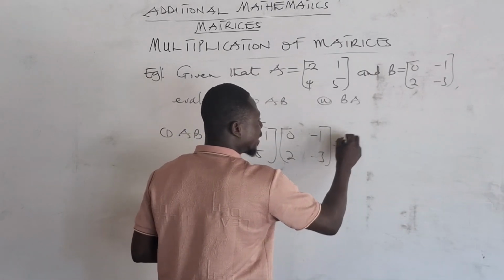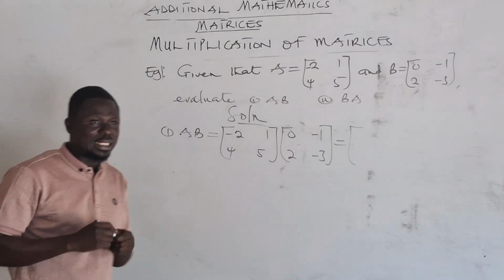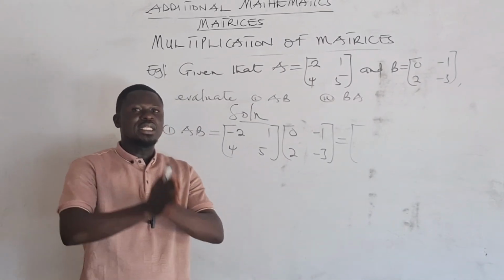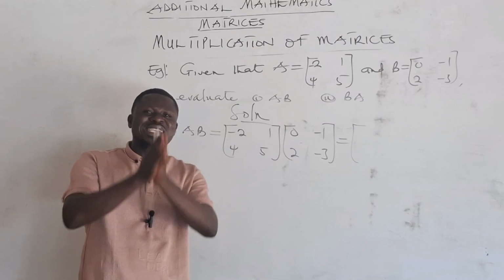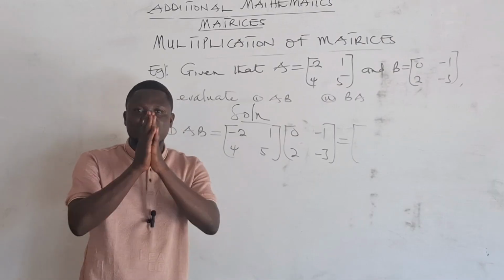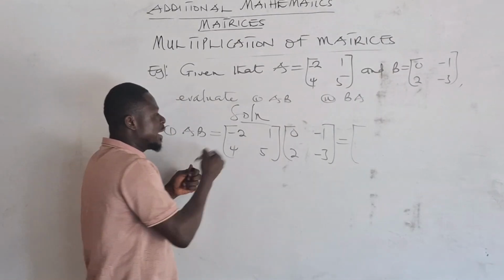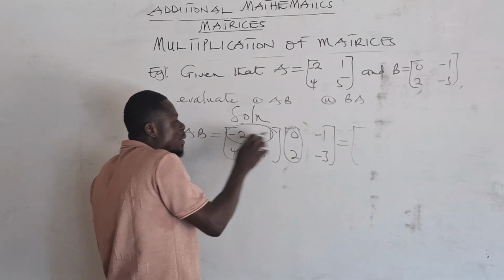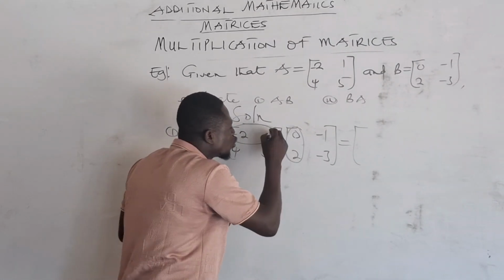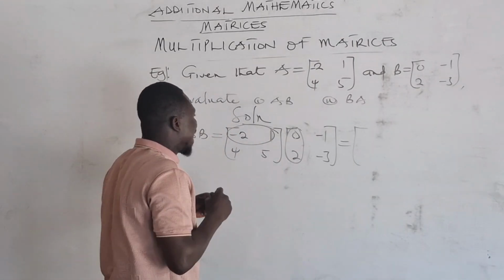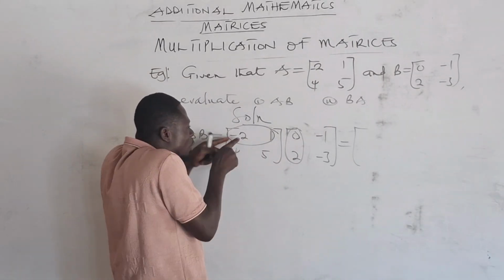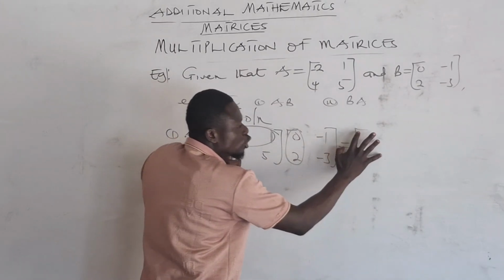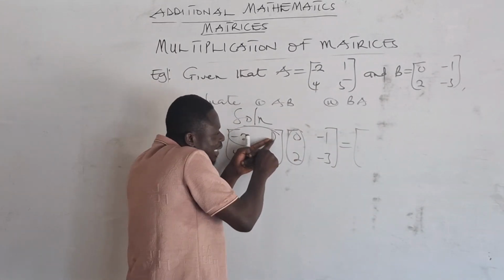So let's see how it is done. As I said, identify the first row of the first matrix, then you multiply by the first column of the second matrix. So this row will be multiplied by this column. First by first, second by second. What will you get when you multiply -2 by 0? Then you write your result plus 1 by 2.